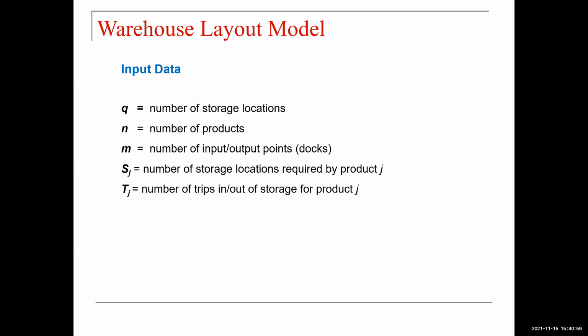Tj is the number of trips in and out of the storage for product J. So how often are you moving this product? That's going to be Tj. Again, J is identifying a specific product.